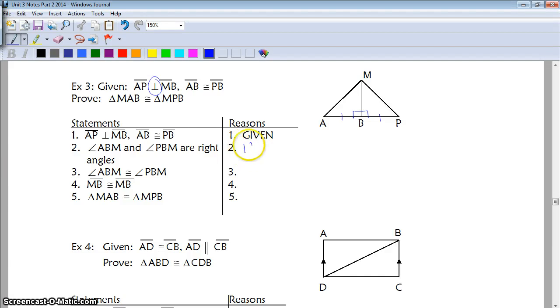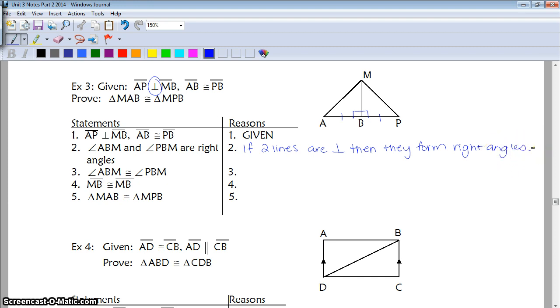So your reason is: if 2 lines are perpendicular, then they form right angles. Notice we have to go one step further and say that they're congruent.